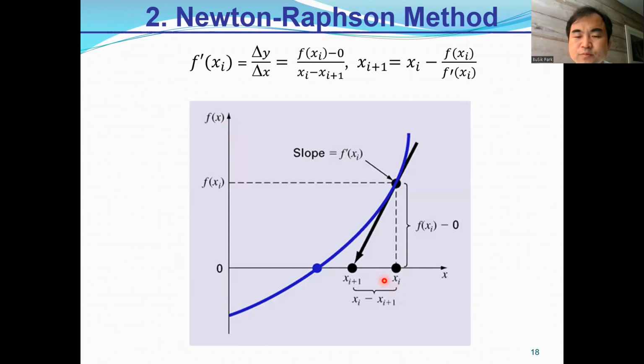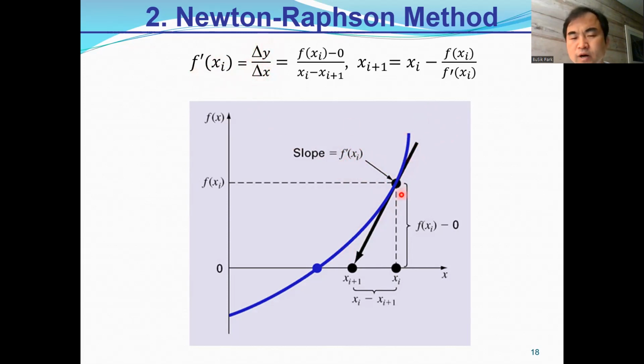At first, we get an initial point xi, and at this point we know y equals f(x), so f(xi) we know, and then the first order derivative f'(xi) we can also calculate. Then f'(xi) equals delta y divided by delta x.